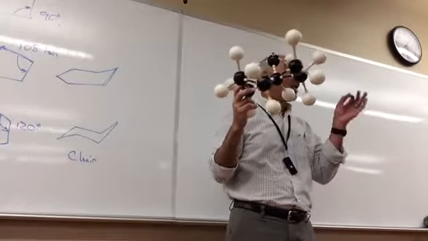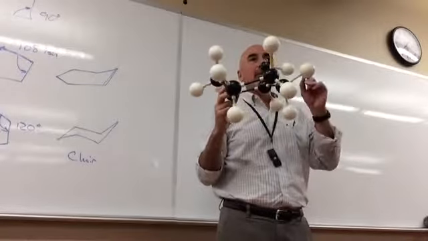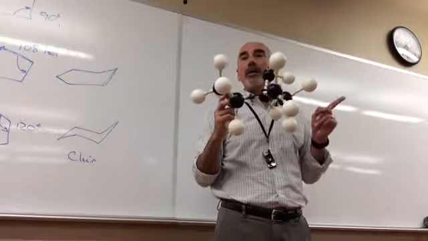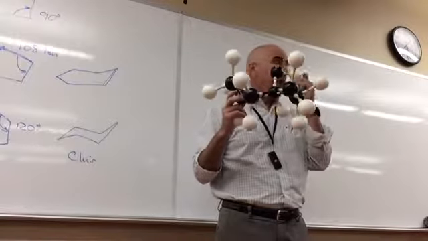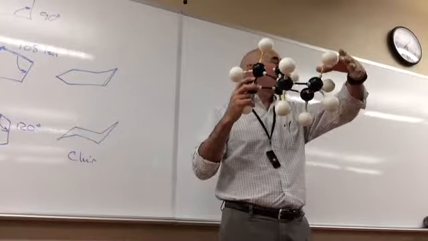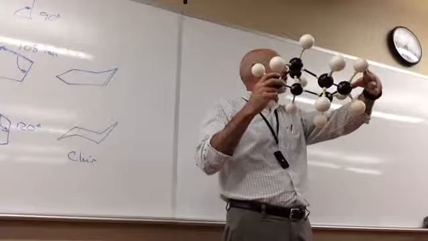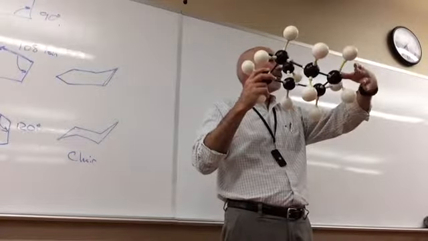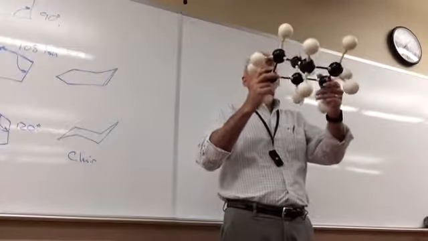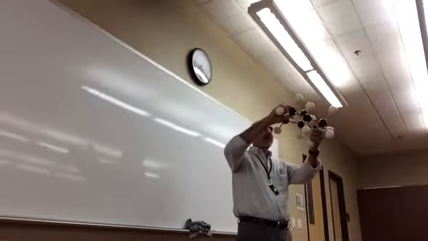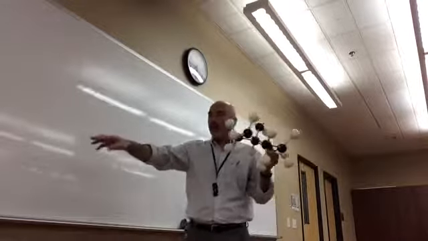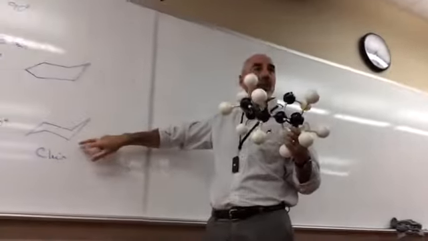So it does two things. One is it relieves some bond strain, and it gets these hydrogens a little farther away from each other. So it's much lower in energy to have this in the chair conformation. That's what we're going to call it: chair conformation.